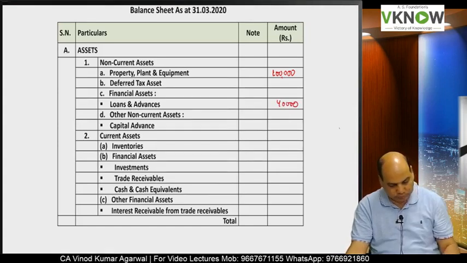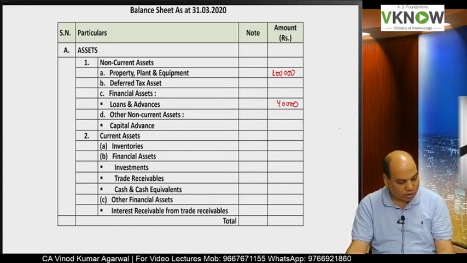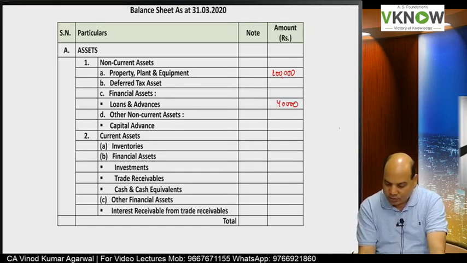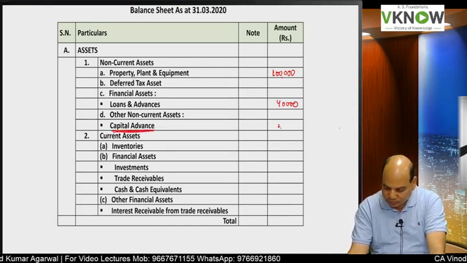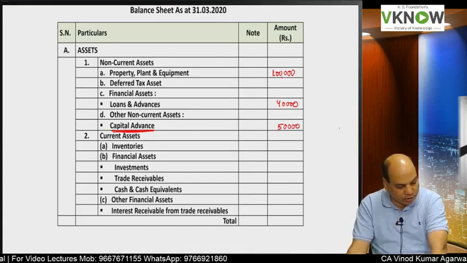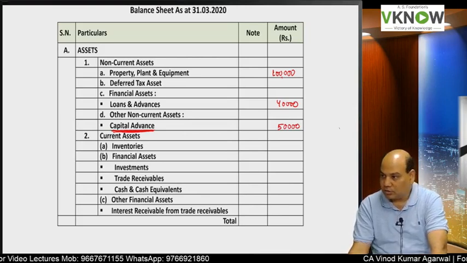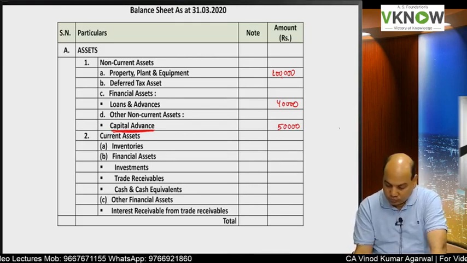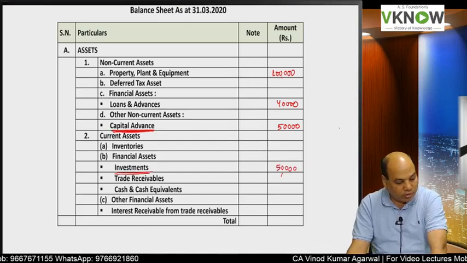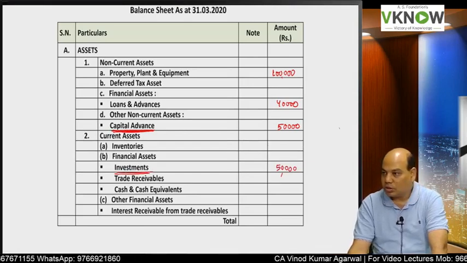Then other non-current asset 50,000. Other non-current asset, only one line I have added here, capital advance, separate presentation, capital advance 50,000. Then current investment will be how much now? Financial asset investment will be 50,000, but your trial balance or balance sheet given to you is 30.